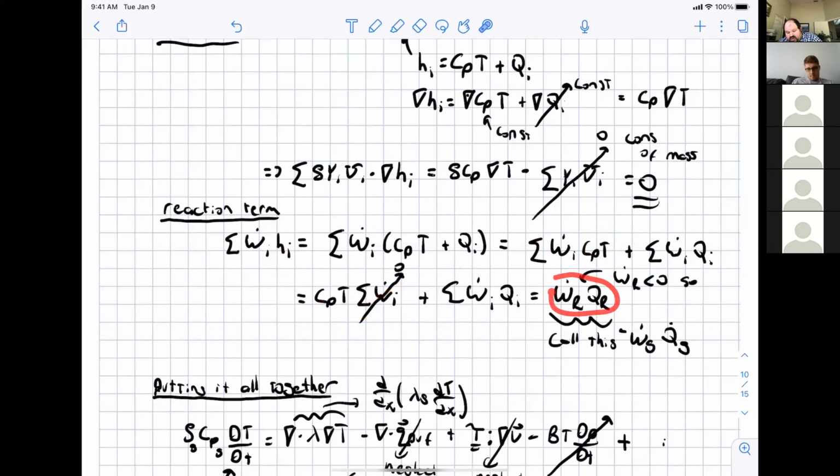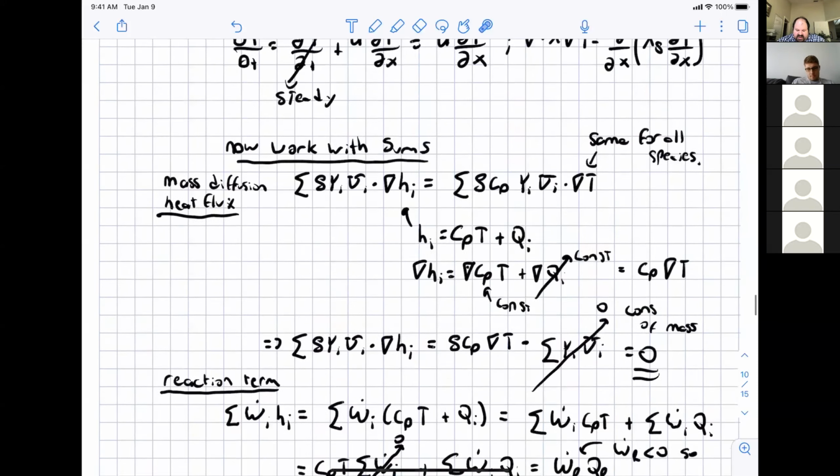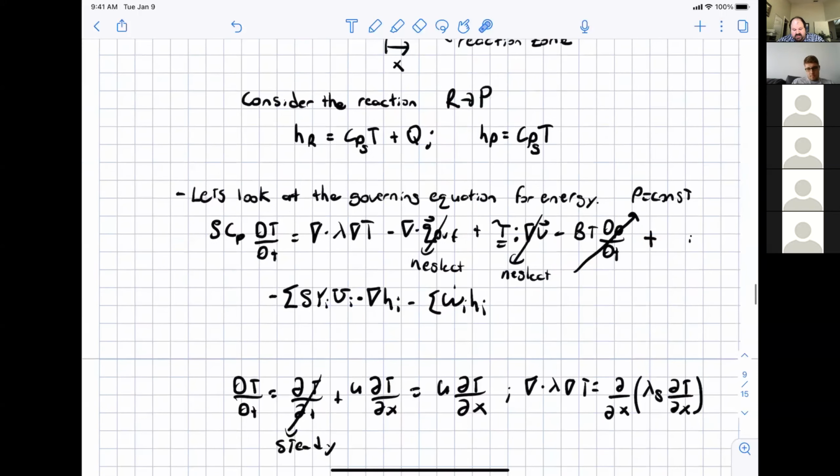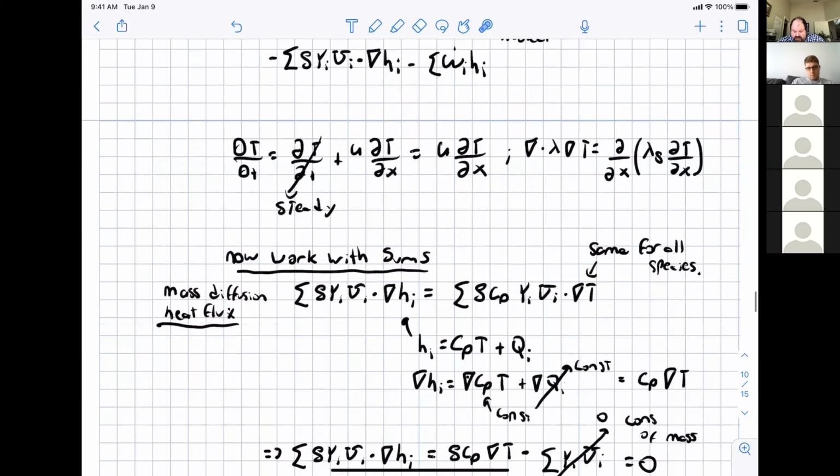Only one of our species has a non-zero enthalpy of formation, and just by the way, we've basically shifted our scales here. So basically only the reactants have a non-zero enthalpy of formation.